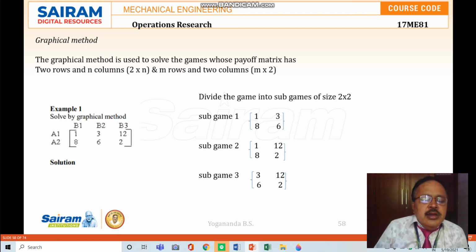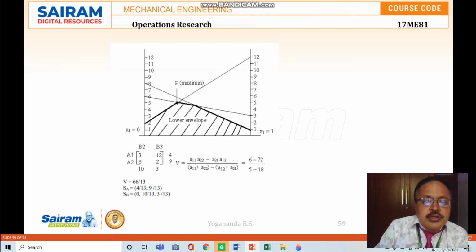But A cannot discard any of the two strategies. So B1 will be eliminated.